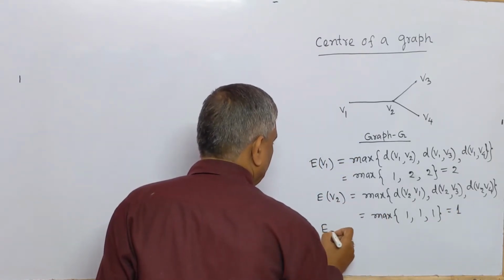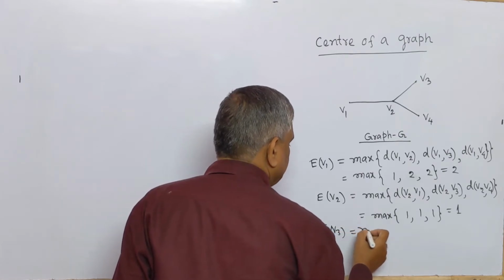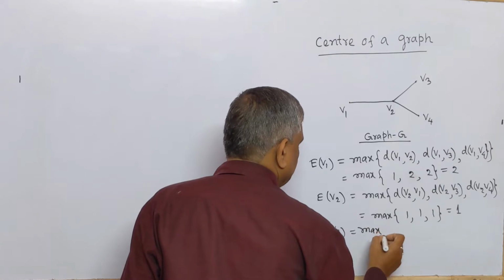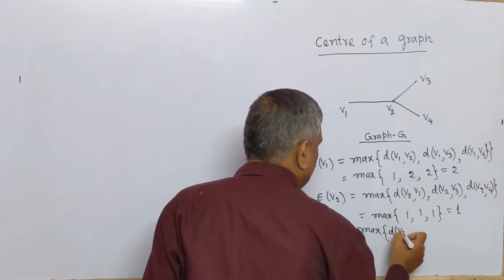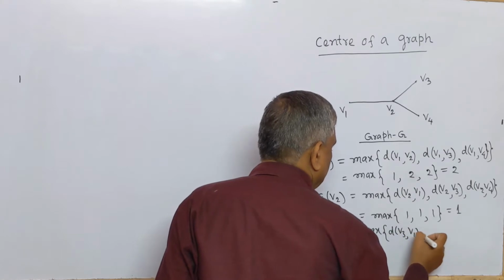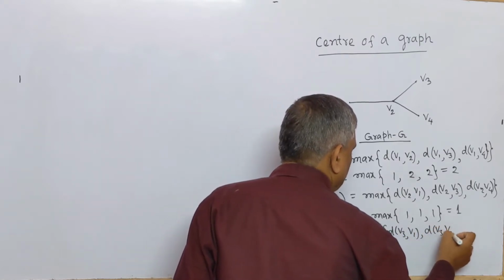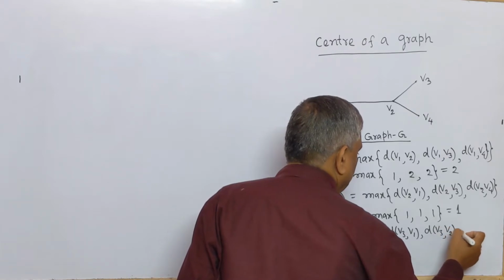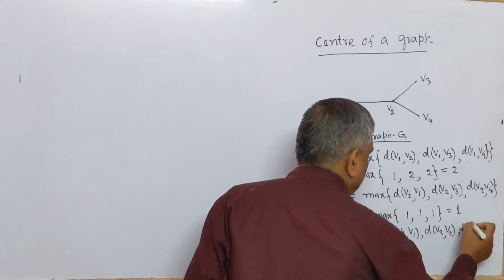E(V3) equal to maximum of d(V3, V1), d(V3, V2), d(V3, V4).